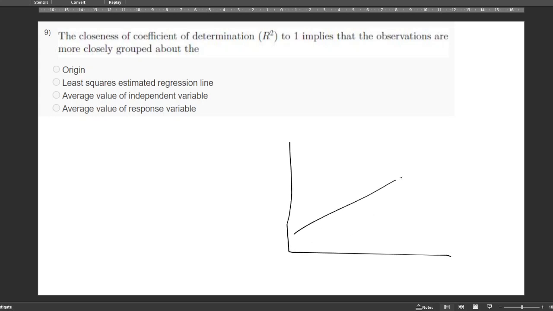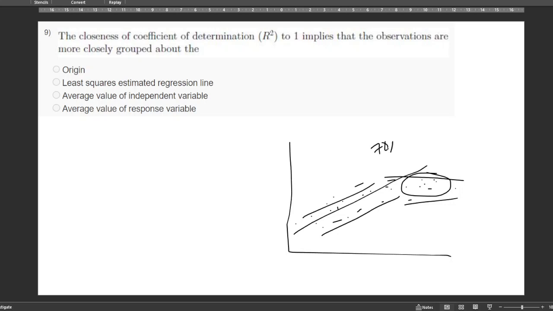If this is the line, if all the data are like this, and up to this much the data is matching with the linear regression line, but this much deviation from the actual, this region is not under the linear regression, so it can be up to something around 70%.